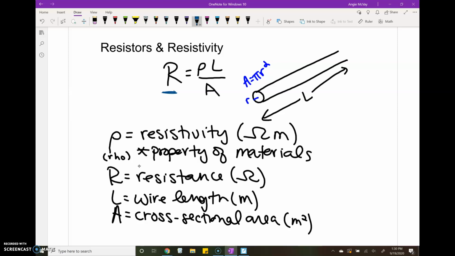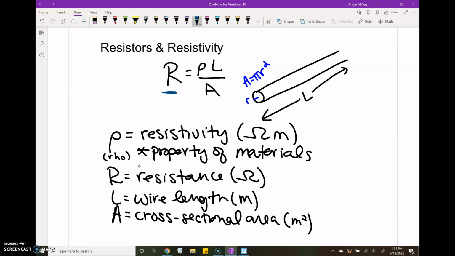Okay. It also depends on the wire length. Okay, so the longer a wire is, the more resistance it will have. And cross-sectional area, right? The area, if you're to take a wire and slice it, is the area of the circle that you would see at the end of the wire when you slice it. Okay, so it really is how fat the wire is. And so we can see that resistance increases if the resistivity of a material is larger.